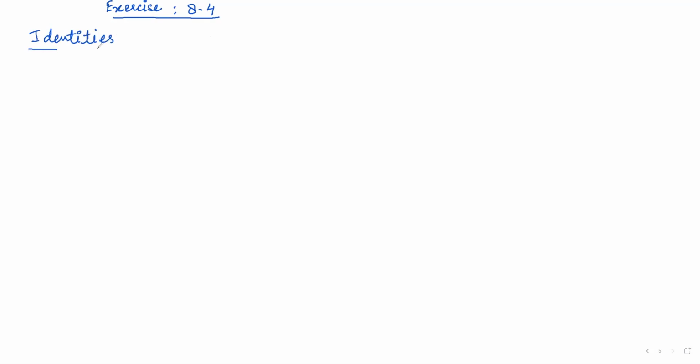Now, what is an identity? Why do we call it identity? Can somebody tell me? What do you understand by identity? See, this is one identity you have learned. A plus b whole square is equal to a square plus 2ab plus b square, right? This is one of the identities you have already learned. Why do we call it identity?